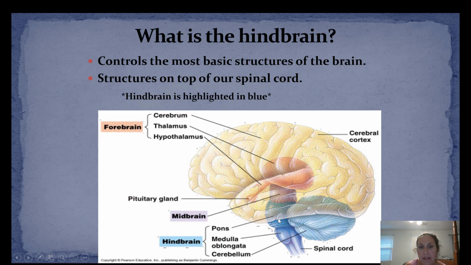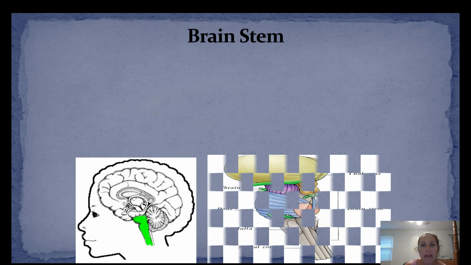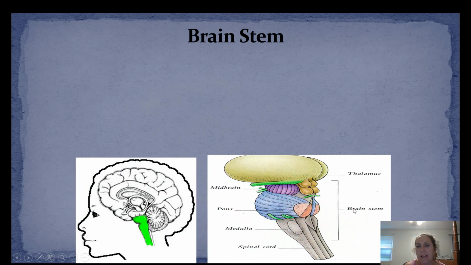The pons is here. And the cerebellum is this big part back here. So the brain stem essentially is that hindbrain, plus it's going to have a thalamus and part of the midbrain.